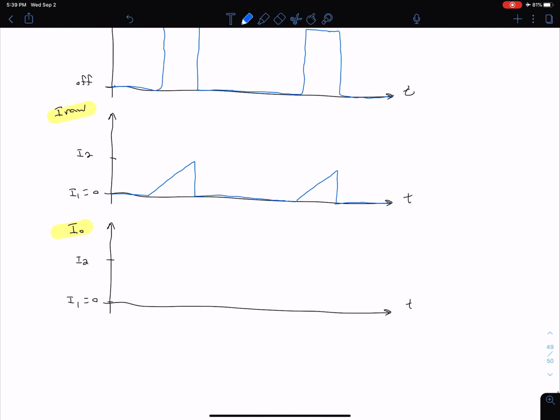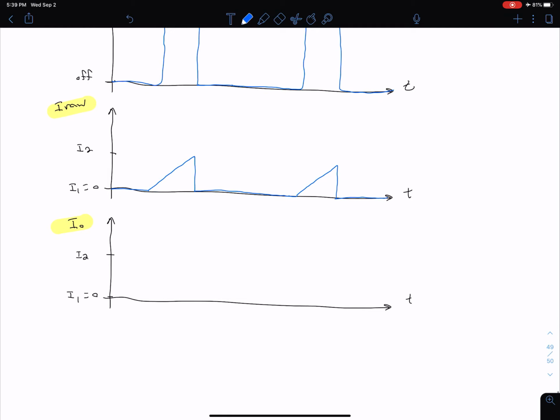Okay, so now what does our output current look like? Again, we're assuming this was in steady state before, so it has been decreasing to where it just reaches 0, and then that switch closes and it charges up to I2.